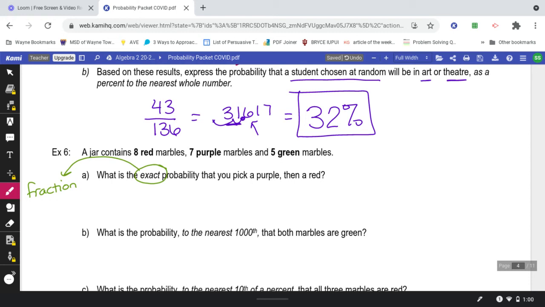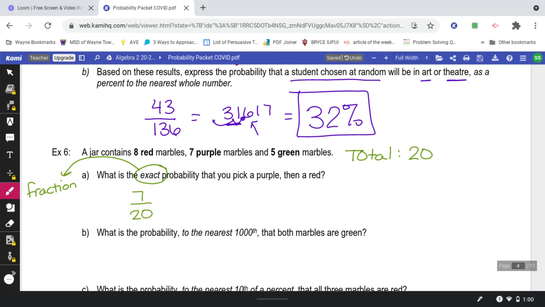So what are your chances of picking a purple? Let's figure out how many total we have. I have 8 marbles plus 7 marbles plus 5 marbles, giving me a total of 20 marbles. And I'm going to pick a purple first. So how many purples are there? 7 out of the 20.